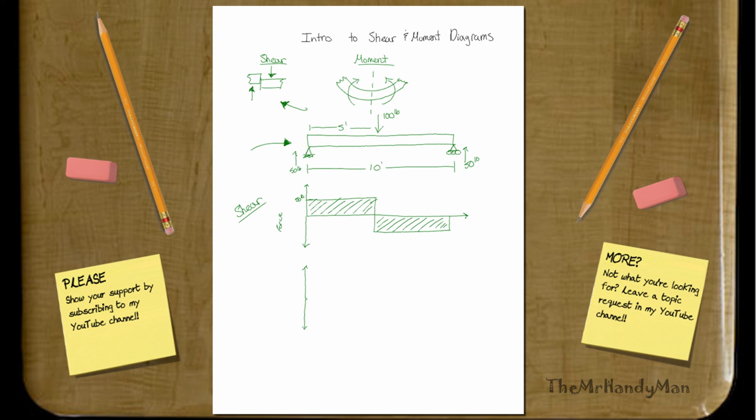So if it was force times the length, then that would be your moment at that exact spot. That's where your moment is. And what you realize is the area underneath this shear is actually your moment.